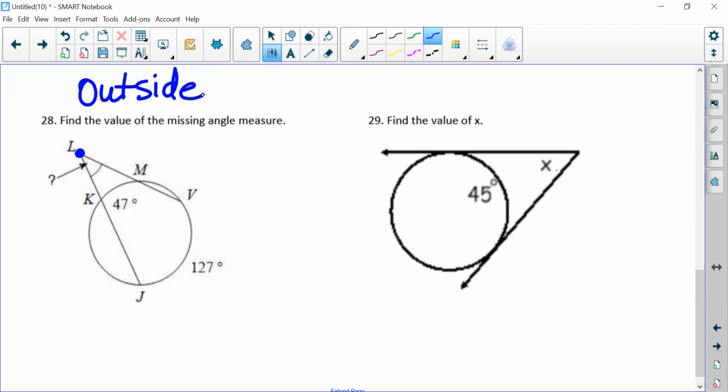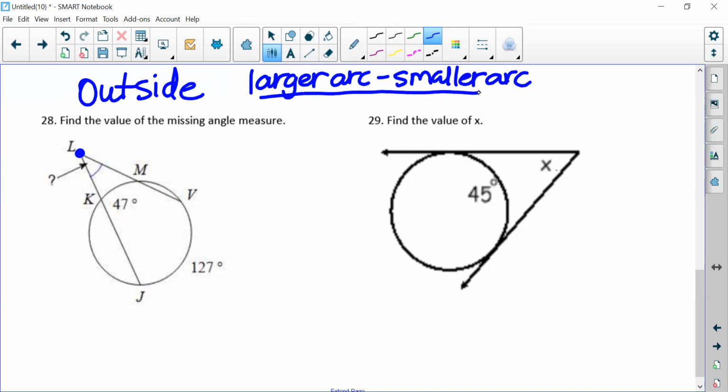Since it's outside the circle, we know that we have to use the formula larger arc minus smaller arc divided by 2 to find the measure of our angle.